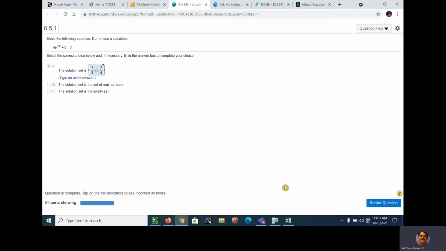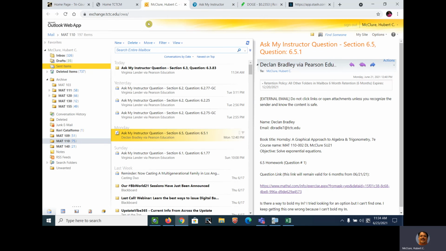Okay, this one, solve equations, and probably the best way to solve this one is to take the log of both sides. You could do that. Combine that 3 and that 6. Yeah, they got a natural log right there, so I think they took the natural log of both sides.